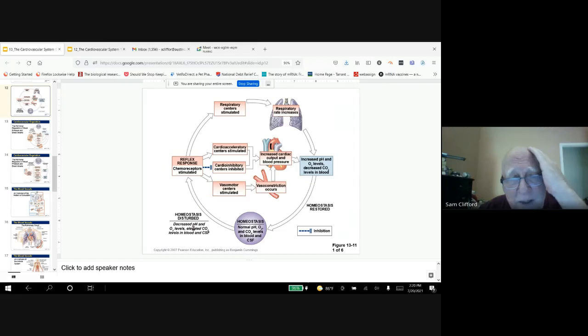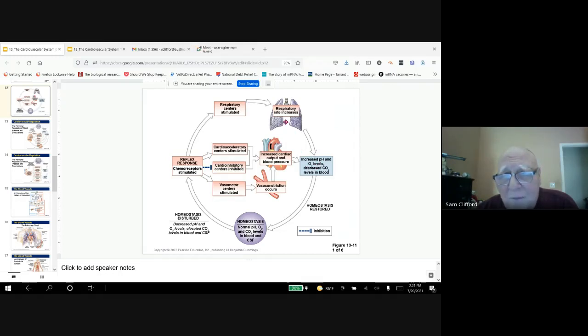So what happens when there's a disturbed pH and so on? We're going to restore pH and O2 levels by increased cardiac output and vasoconstriction, in response to the change in pH and oxygen levels.